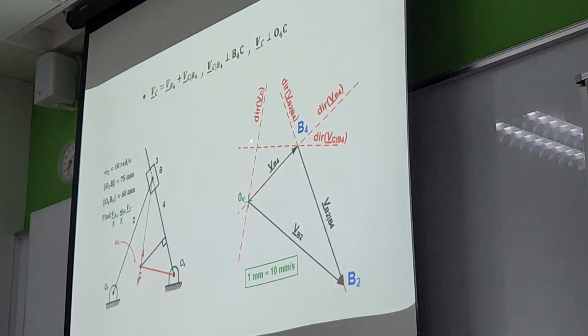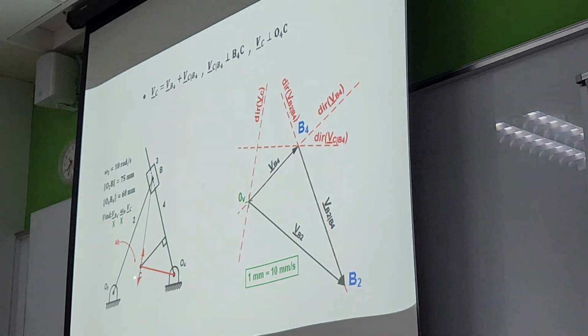So this is the link. So this is the direction of velocity C, because you are referring to the origin. So this is the velocity C vector. So this is velocity C to O4, which means velocity C. So this is the fixed origin.